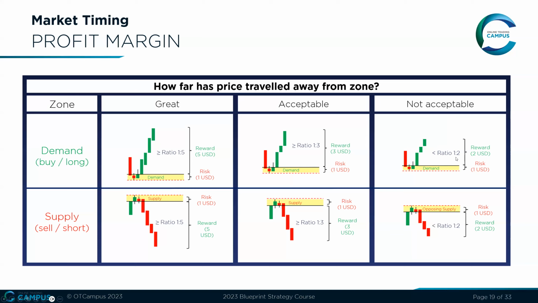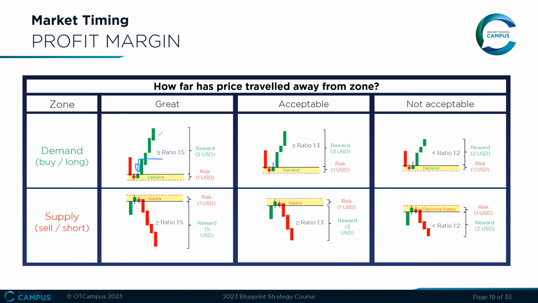However, sometimes we also will take that. If the zone, for example, is extremely large, and the move here is great but comes with a big zone, then if the wicks and the bodies are bigger, it makes the zone bigger, but the move is the same.